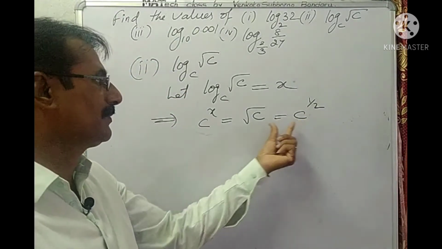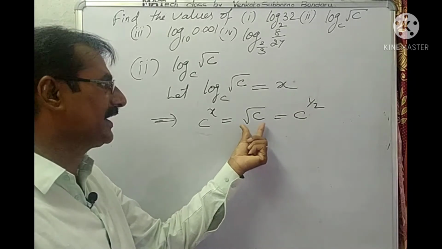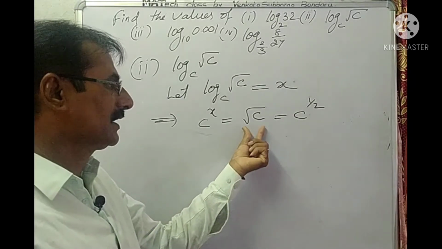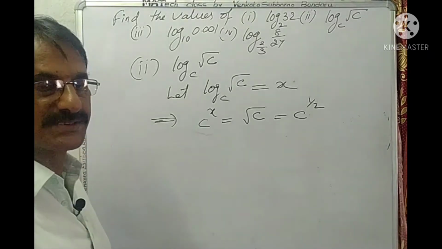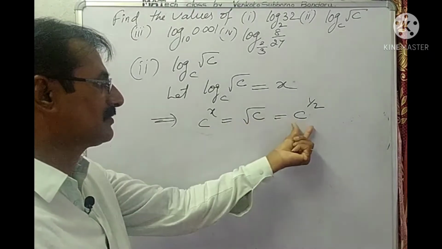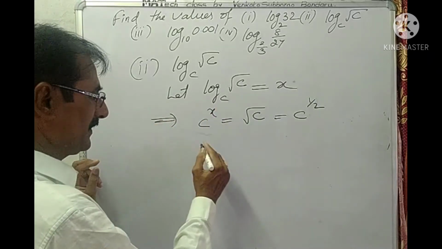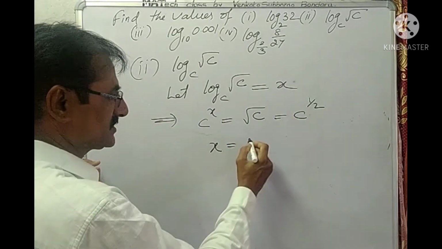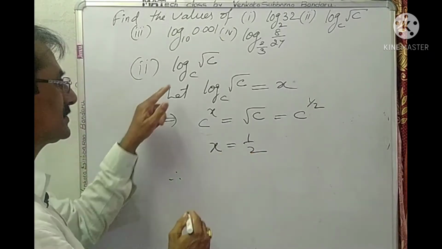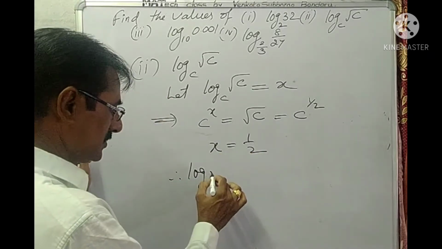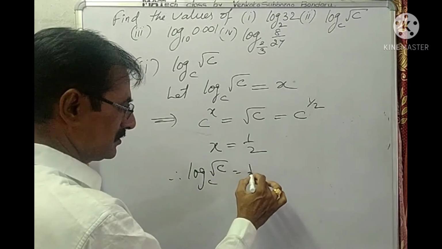This is the exponential form of the radical form. Now you observe on both sides the bases, c and c, both are equal. The exponent on the left side is x, on the right side is 1 by 2. Finally, we got the x value: how much? 1 by 2. So, log square root c base c equal to 1 by 2.